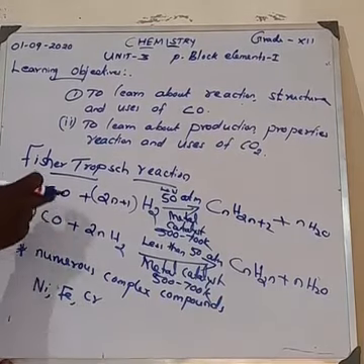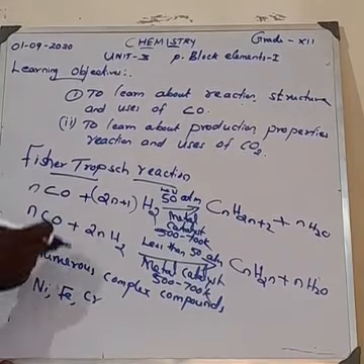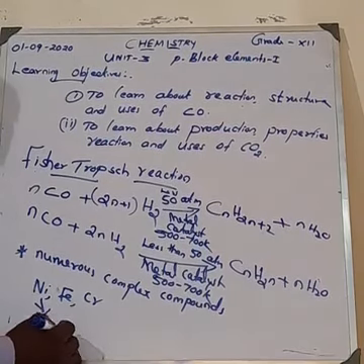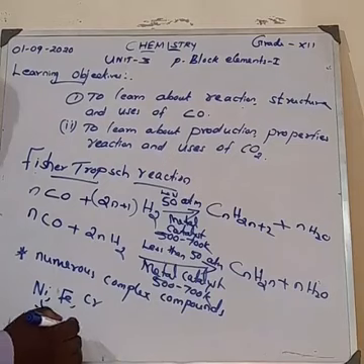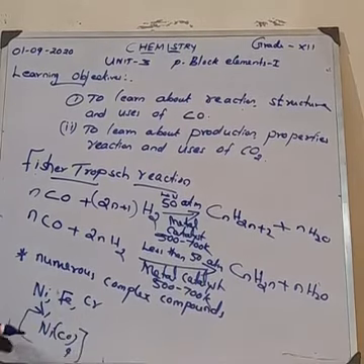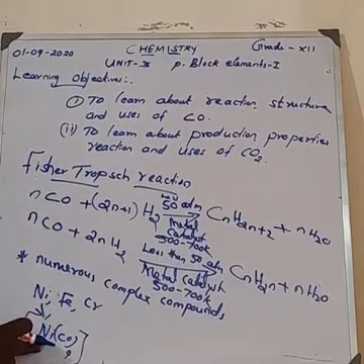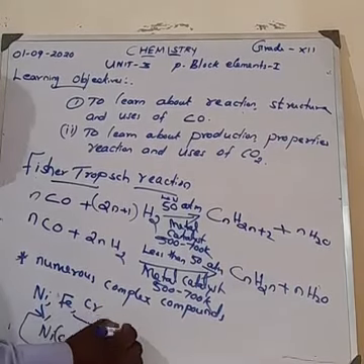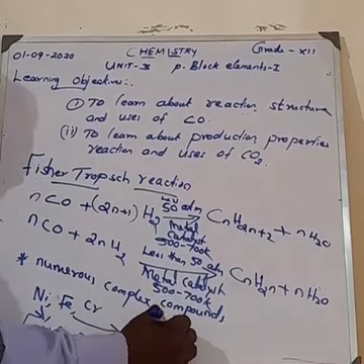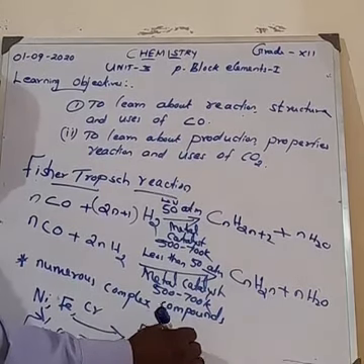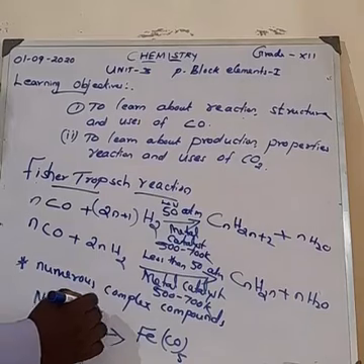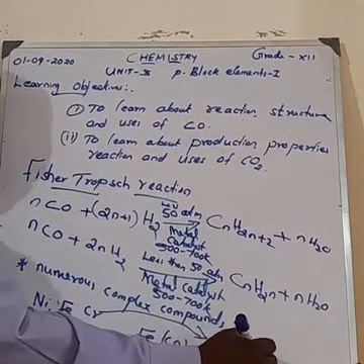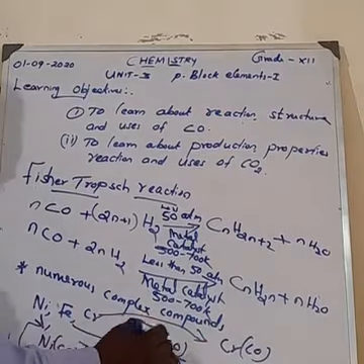Nickel combines with carbon monoxide and we get Ni(CO)4, one of the complexes. Iron forms the complex Fe(CO)5. Chromium forms the complex Cr(CO)6. These are the complexes.